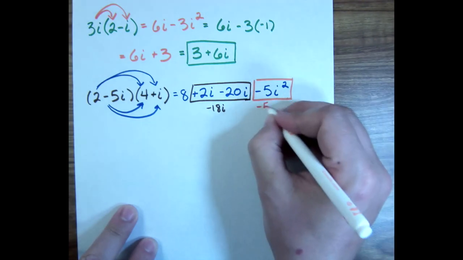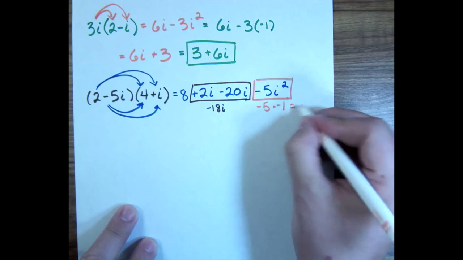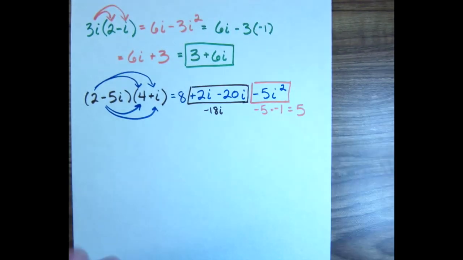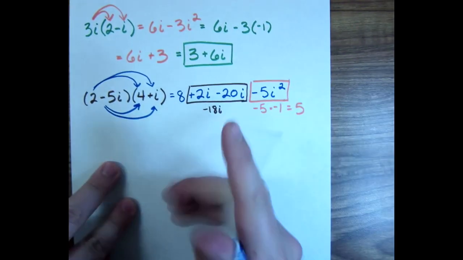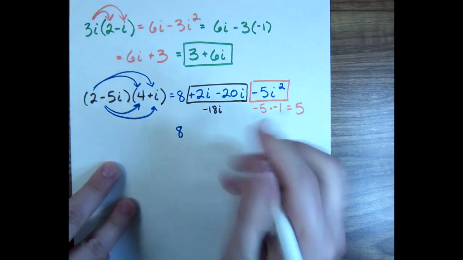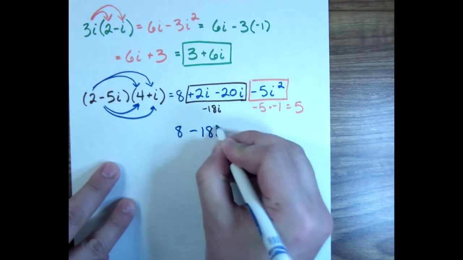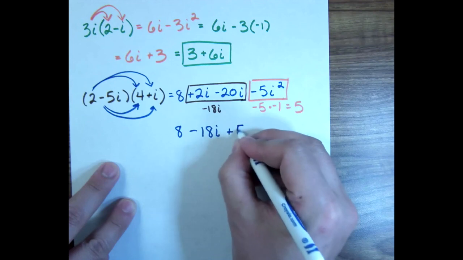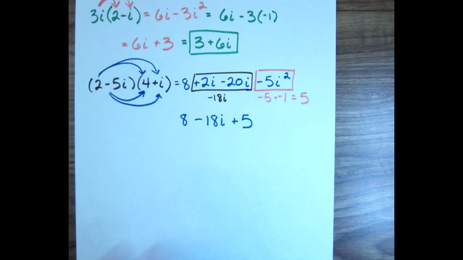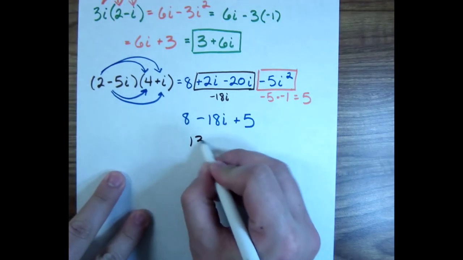That's, yeah, minus 5 times -1, which is positive 5. So when I write this, I'm going to do 8 minus 18i plus 5. And then what? Combine 8 and 5. That's exactly right. The 8 and 5 can be combined. 15.